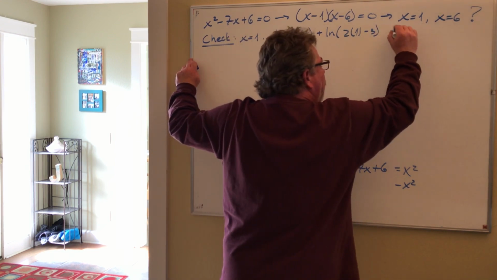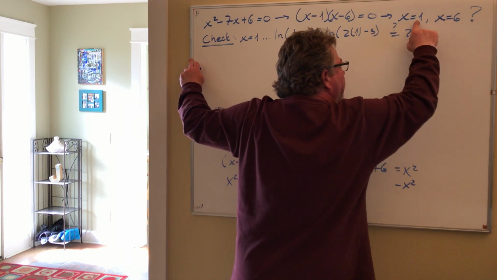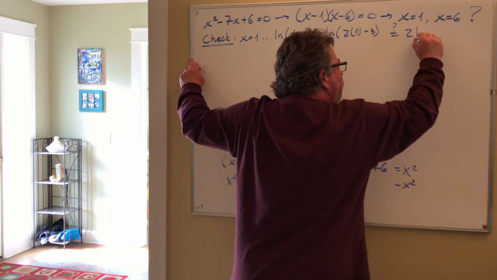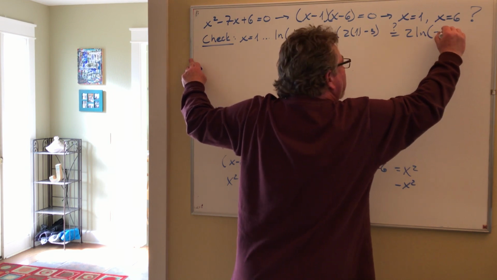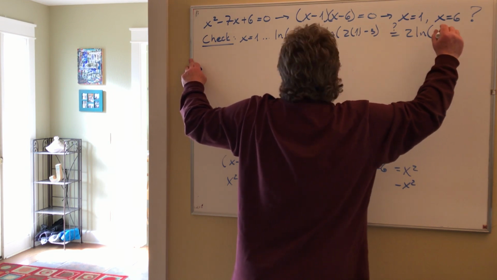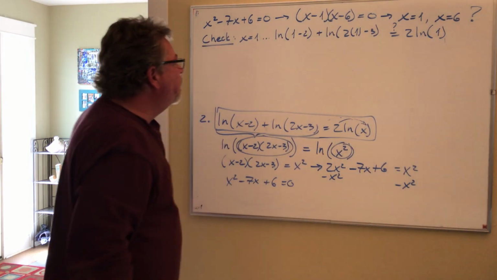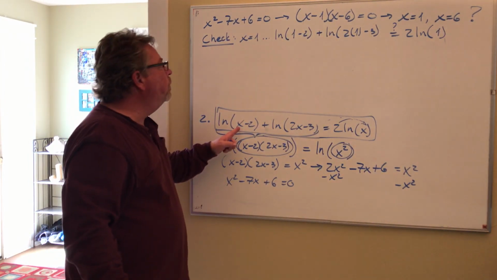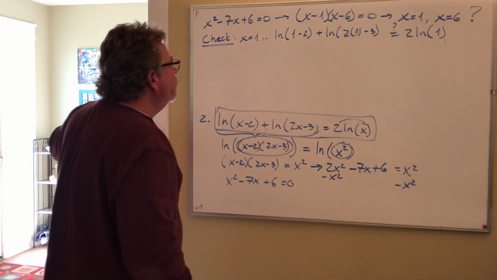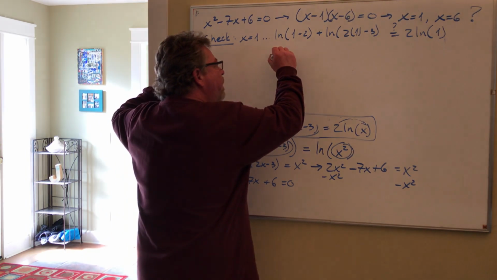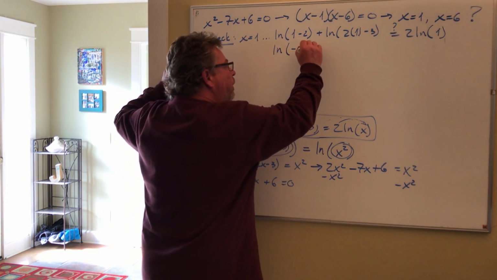And I'm asking whether this is in fact equal to 2 times the natural log of 1. Did I do this right? Yeah. So I'm putting in a 1 for each value of x. I did it correctly. But watch what happens right here, this becomes the natural log of negative 1.